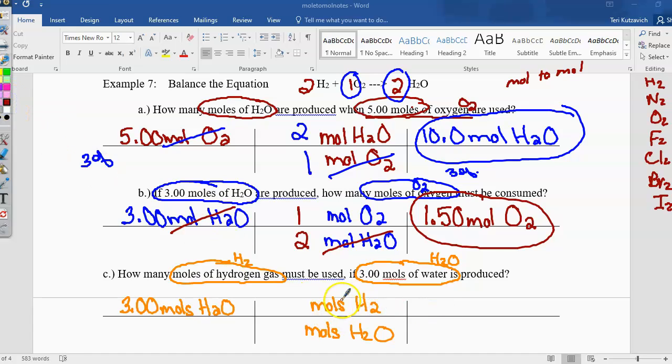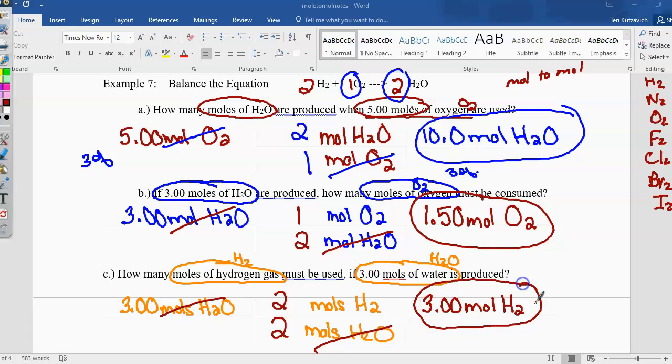Moles on bottom, moles on top, so you have to look at the balanced chemical equation up here and put your coefficients in. 2 goes in with both of them. Your moles of water cancel, and you are left with 3 moles of hydrogen gas. Those are easy mole-to-mole problems. But I just want to give you a little heads up on what we will be doing.